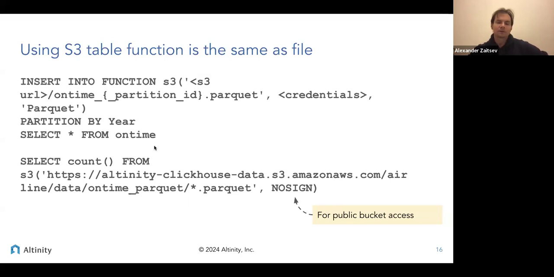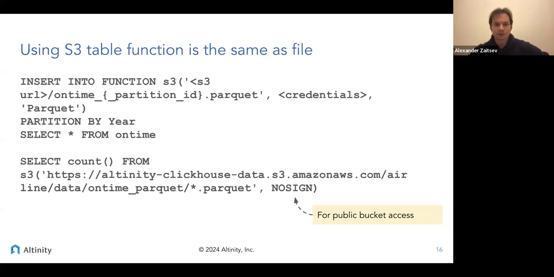The only difference is that sometimes in order to access S3, we need some credentials. For public buckets, there is a special keyword in ClickHouse, NOSIGN, in recent versions, that instructs that no credentials and no signature need to be provided.